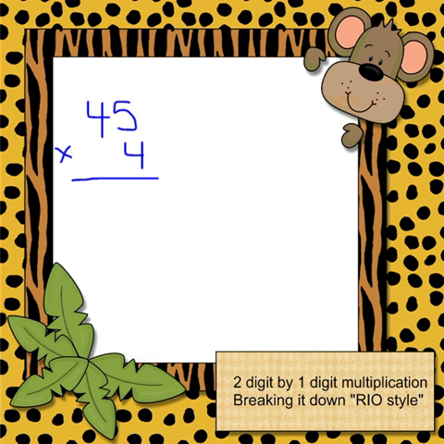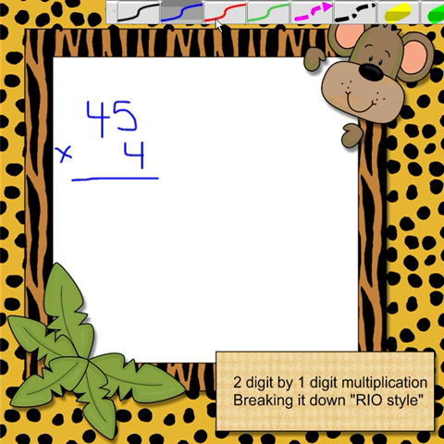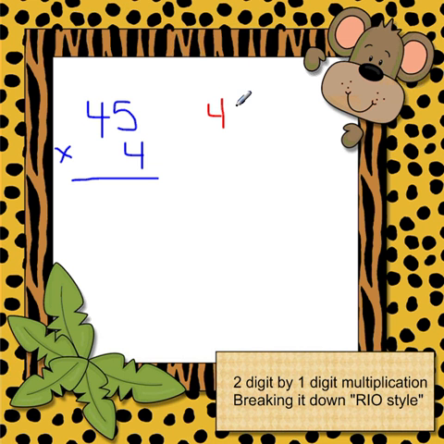If we were to write the definition out, 4 tens would equal 40 plus 5 ones would be 5. This is also called expanded form. This is standard form. This is expanded form. We use a lot of standard and expanded form in the classroom. It helps us understand the value of each digit. So now we know that the meaning of 45 is 40 plus 5.